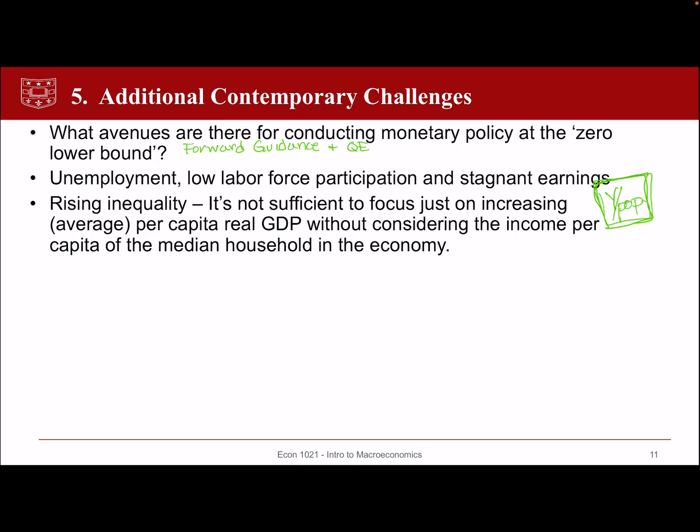So it's not sufficient, even though that's our starting point. If we had 2 semesters or 3 semesters together, probably from your point of view, heaven forbid, but if we had more time together, we would have taken more time to focus on more than just increasing GDP per capita. We need to consider these distributional effects, and thinking about what's happening at the average is not sufficient for thinking about these very tricky problems of inequality.